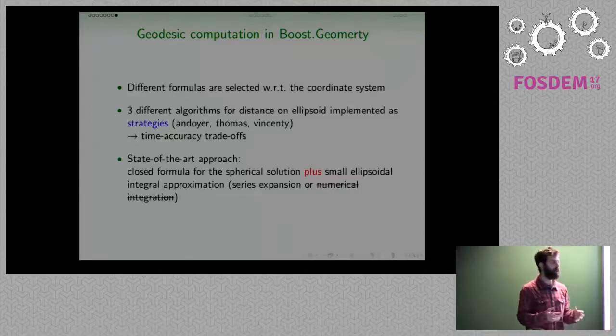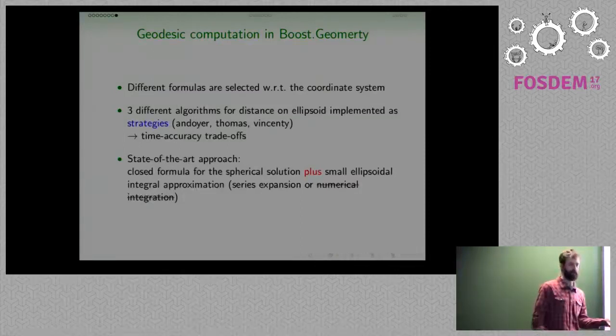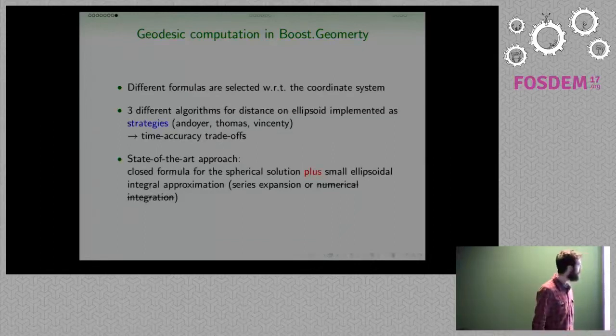So if you define a point that is geographic and then start applying algorithms on this point or geometries that you construct with this point, then internally Boost Geometry will call the more complicated algorithm for spheroid, or if your point wants to be on the sphere, it will run the easier, faster but less accurate algorithms for the sphere.